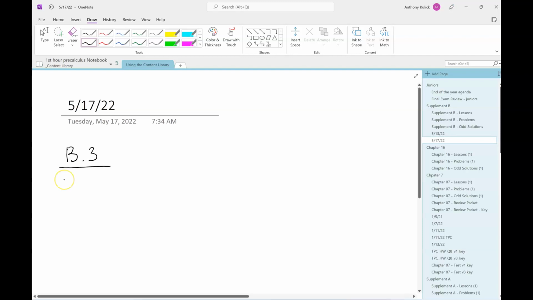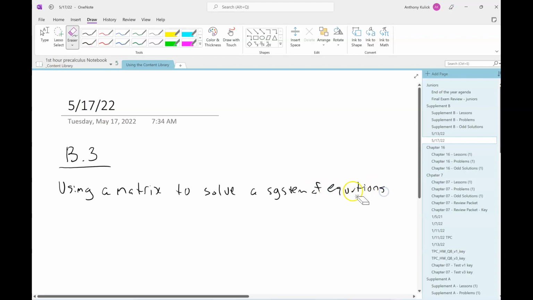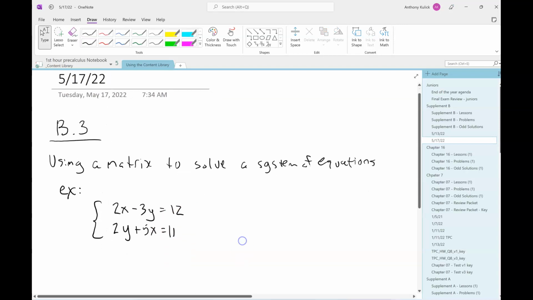So what we're going to be talking about in section 3 is using a matrix to solve a system. Okay, so this is an example of a system of equations, right?